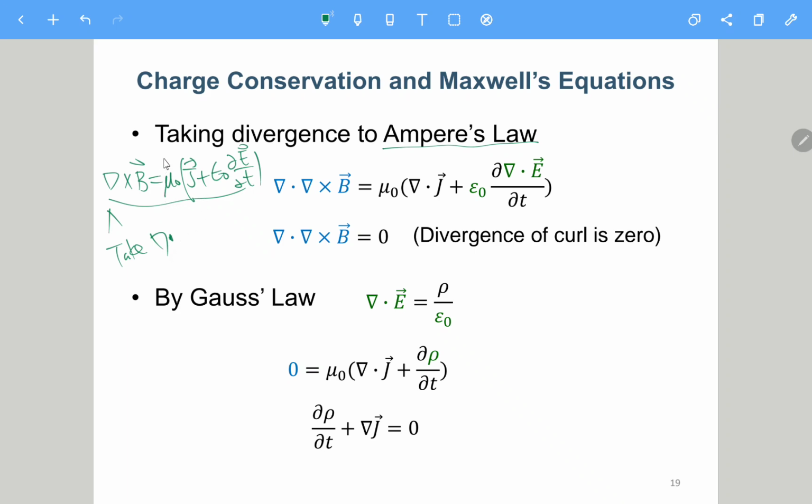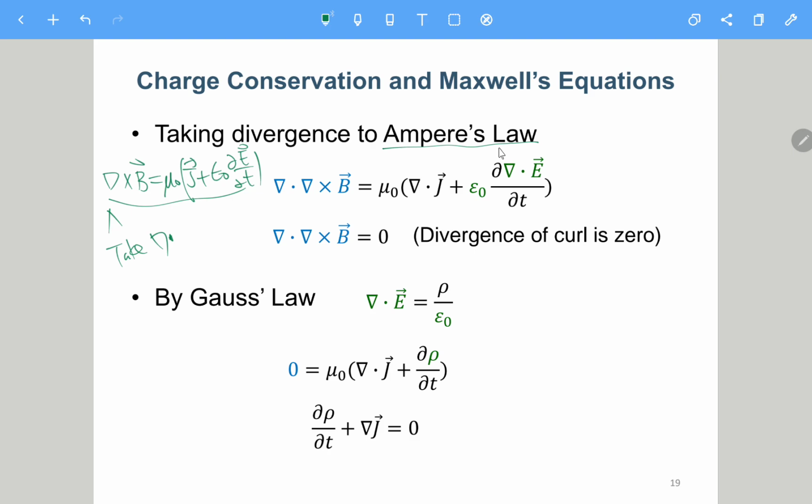For the first term, mu naught is a scalar constant, so we can just pull it out, and we have divergence of J. For the second term, mu naught epsilon naught are constants. Originally the divergence is outside the partial derivative, but we assume we can exchange the order of the derivatives, so we put it inside.